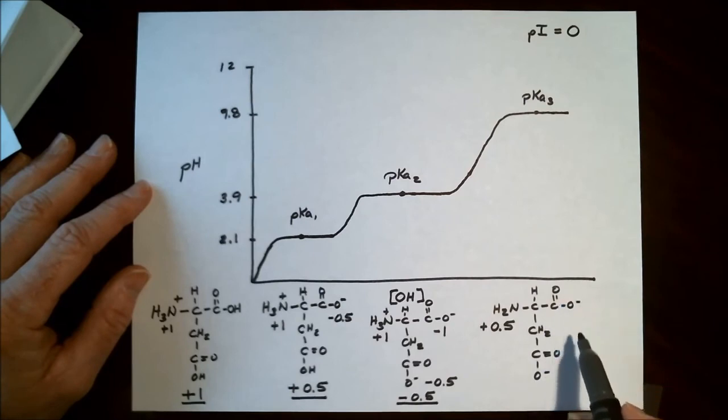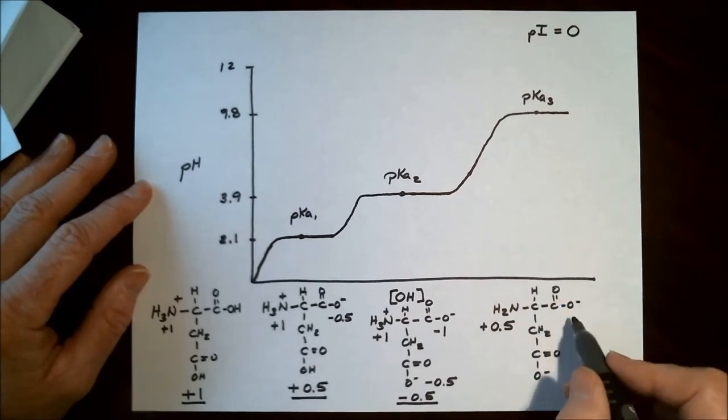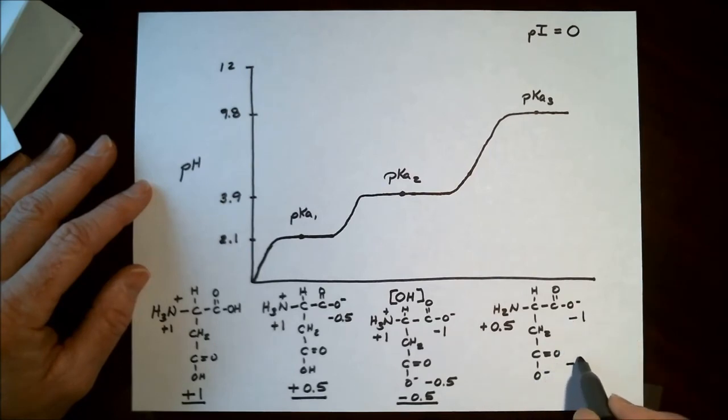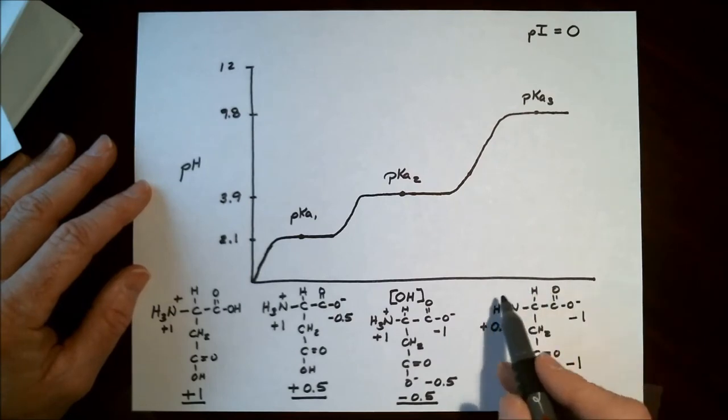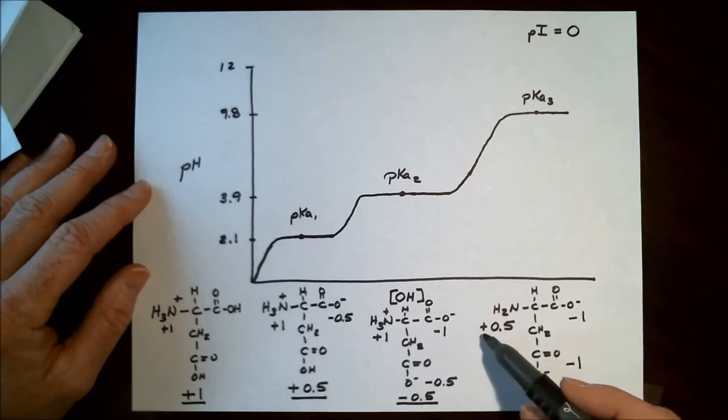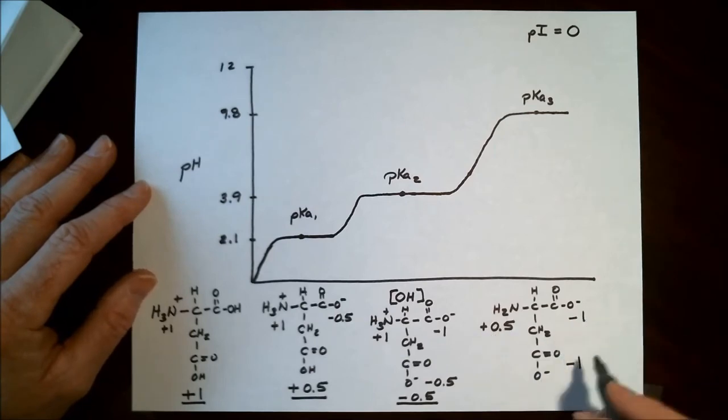The carboxylic acids, of course, both on the alpha chain and the R chain, will be fully deprotonated, contributing charges of -1 each. So the overall charge on this particular molecule will be -1 plus -1, minus 2, plus 0.5. So we're looking at an overall charge of -1.5.